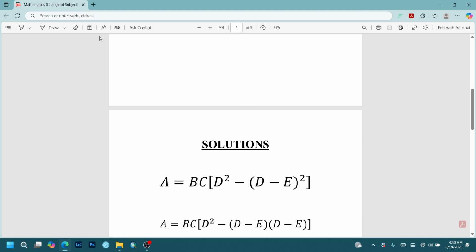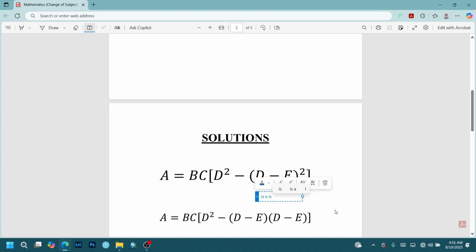Now in mathematics, a square of a number means the number multiplied by itself.